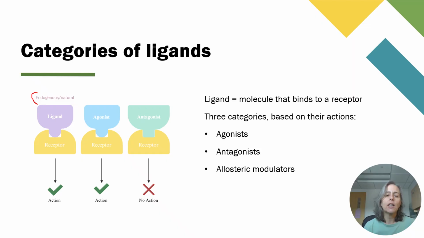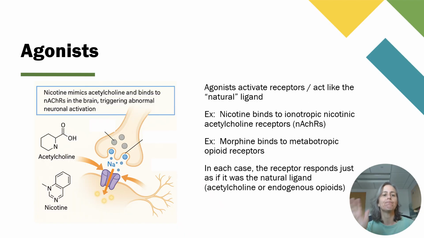But if we're talking about drugs or other things, we can categorize them based on their actions and behaviors at the receptors. They might be agonists that promote the activity normally induced by the ligand at the receptor. They could be antagonists, right? An antagonist is like an enemy, somebody who fights you, who prevents the ligand from doing what it would normally do. Or they can be allosteric modulators, which sounds very sophisticated if you ask me.